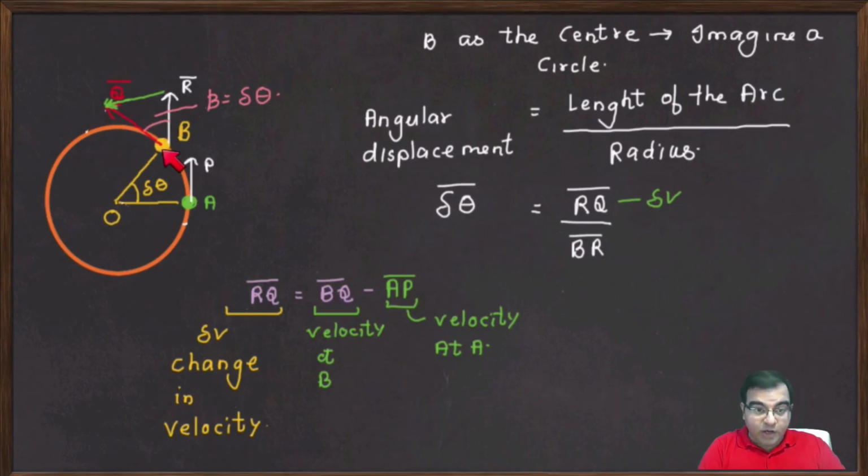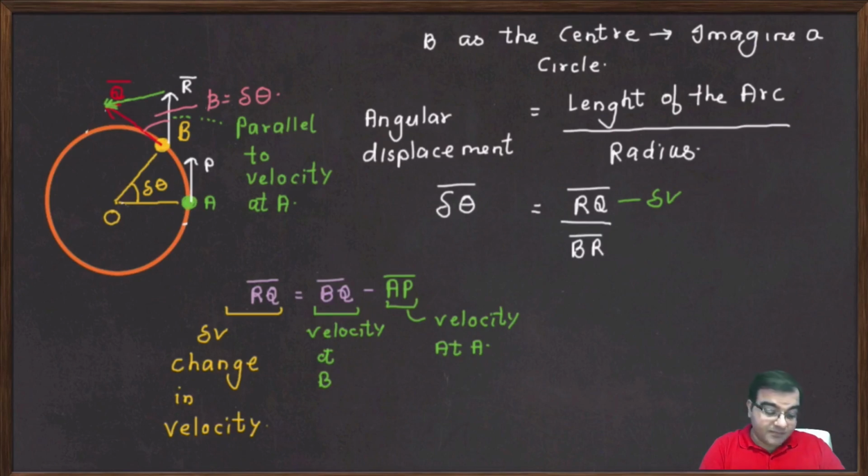That velocity which was moved upwards was called BR bar. So this BR bar is a velocity vector which is parallel to the velocity at point A.